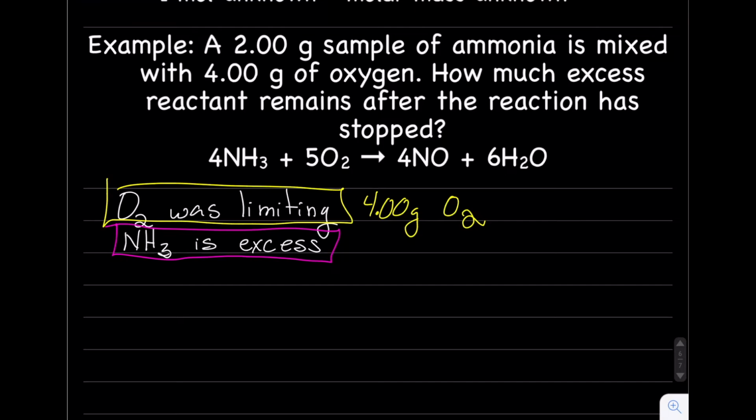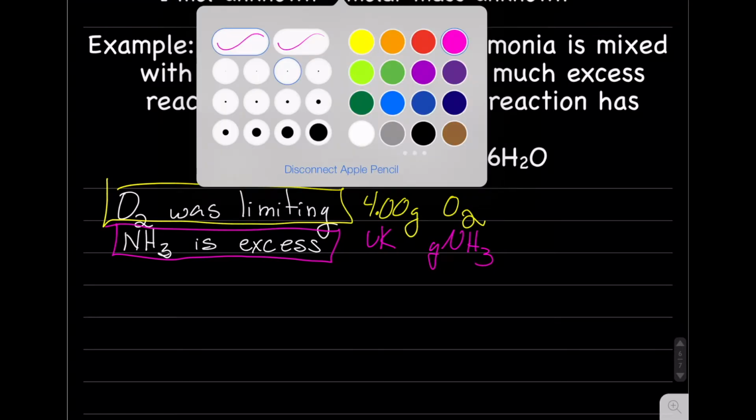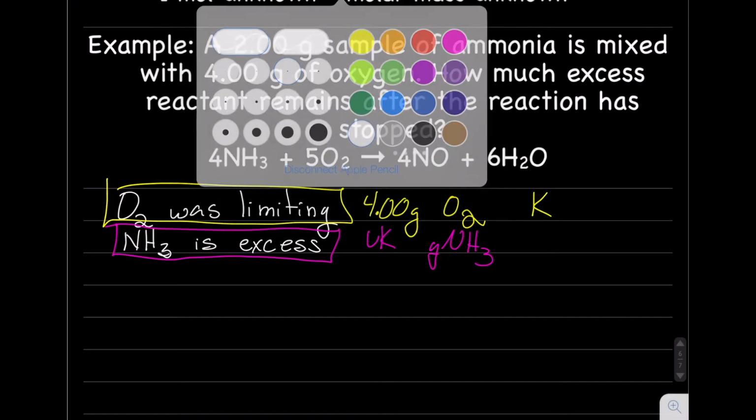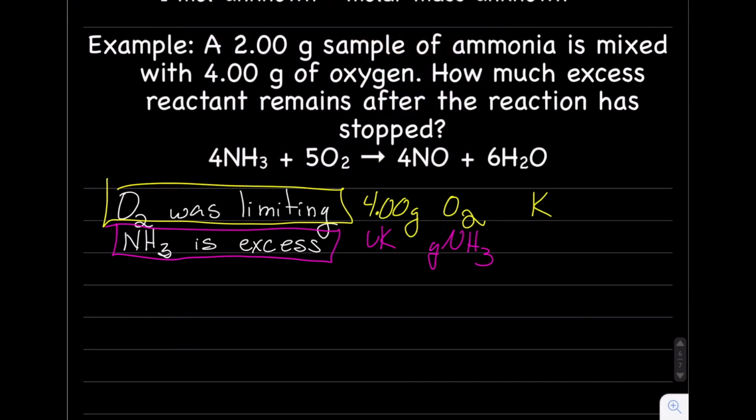Now, I realize they told us in the problem how much ammonia was given, but that's not what we're trying to figure out. We're trying to figure out how much ammonia was actually used, which is why it's going to be our unknown. So this is our unknown, grams of ammonia. And this guy here is our known. All right, so now we just do our normal stoichiometry steps.